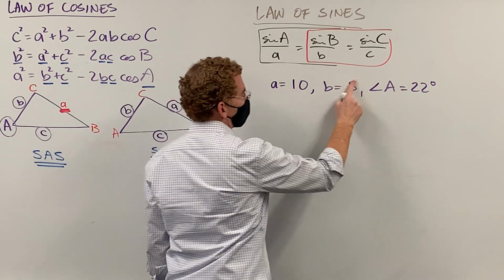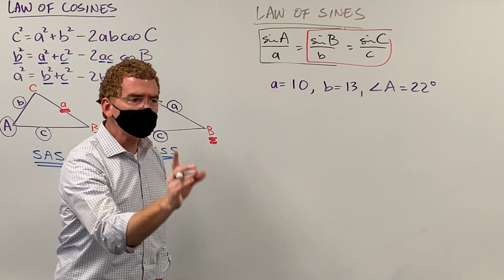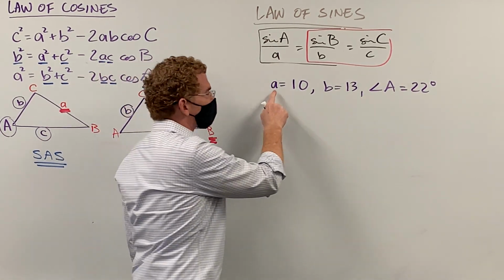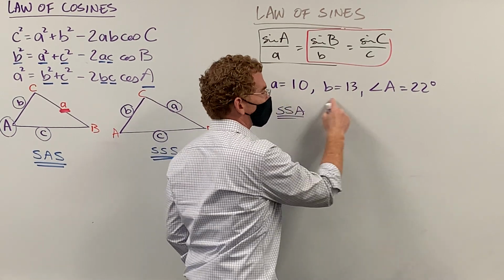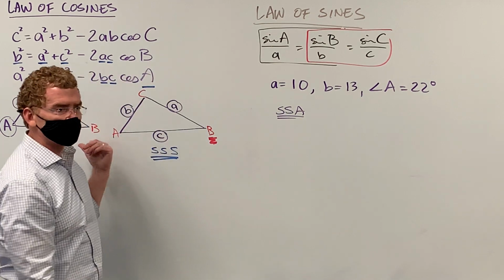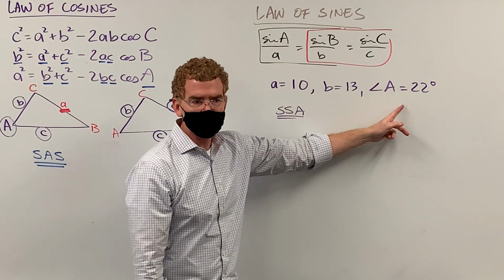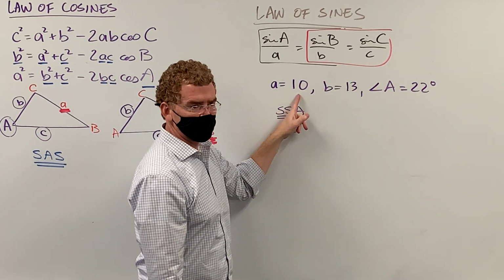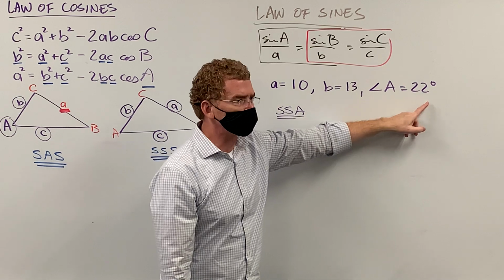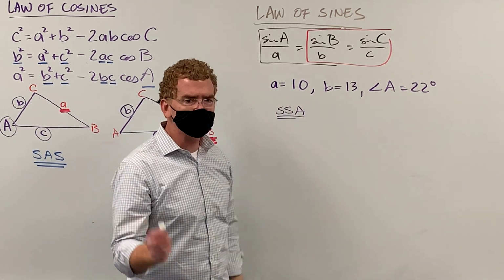No, B is 13. Now, looking at this right now, you know that this is SSA, and how do you know that? Two sides and an angle, but how do you know it's not SAS? Matching side right here, right? Matching side and angle. Now, in this case, if A is 10 and angle A is 22, B is bigger than A, what do you know about angle B?